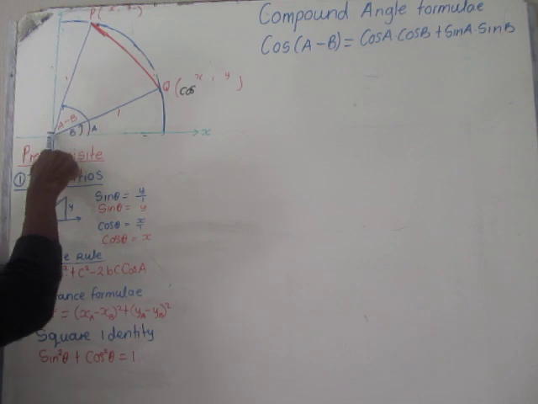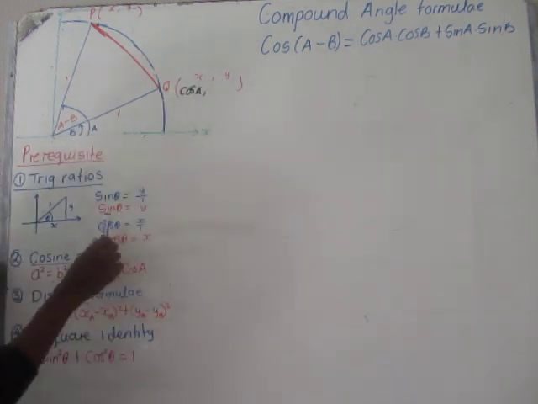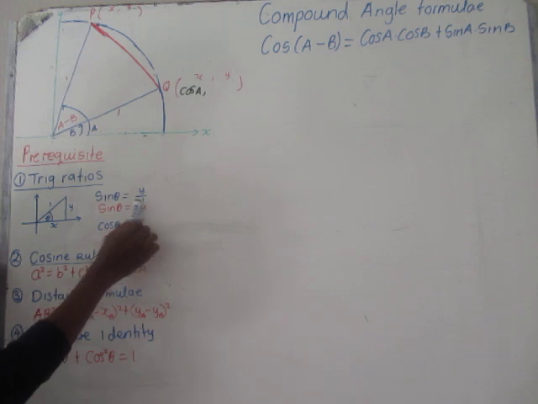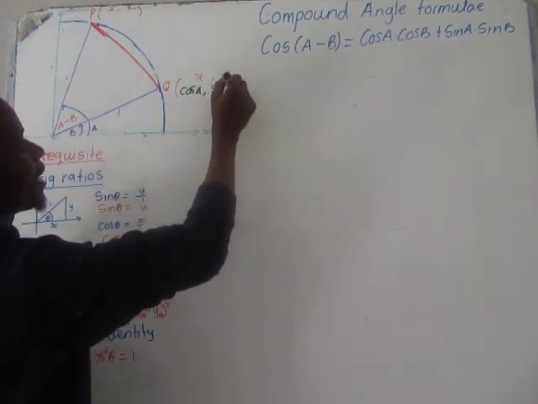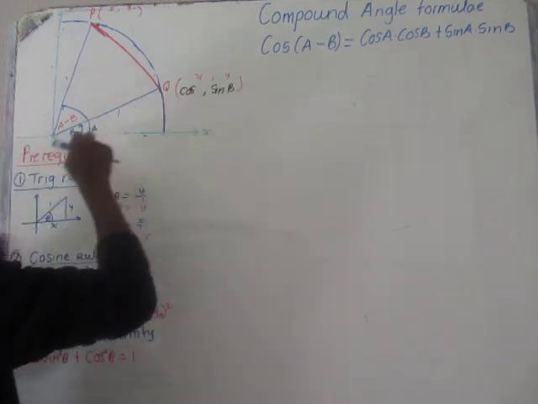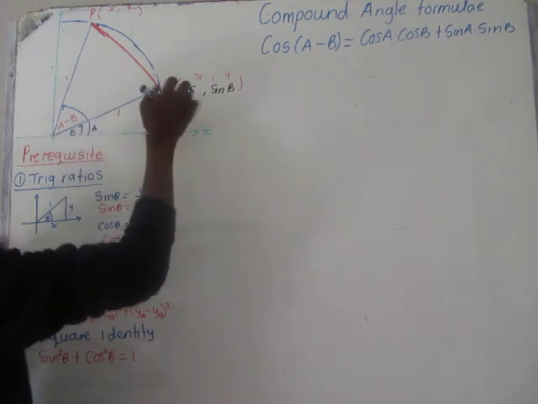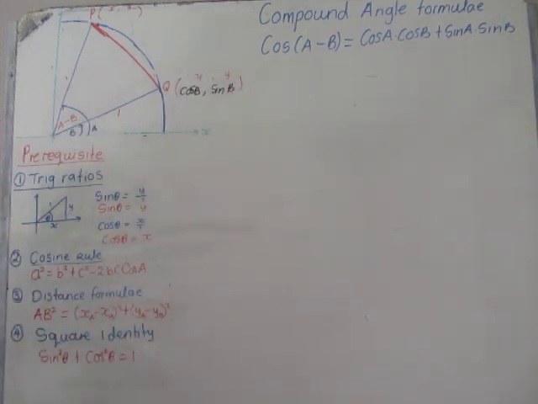This is the smaller angle B that made this one, so this is cos B. And wherever there's y, we put sine, so this is sine B, the angle that made this.